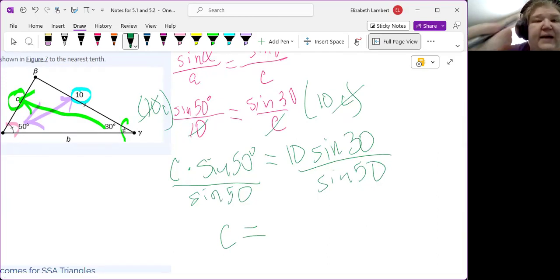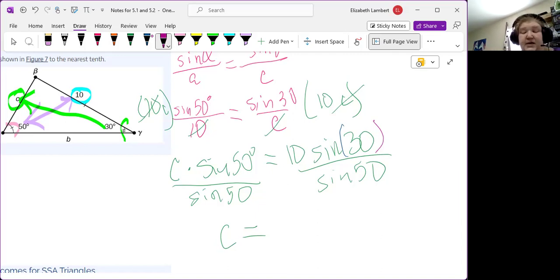Now, when you are typing this, a lot of calculators, when you type a trig function, will open a parenthesis for you. So you need to remember to close the parenthesis before you type anything else. You also need to make sure your calculator is in degrees, because these are angles given in degrees. All right, so mine is in degrees because my radian button isn't showing in my list.